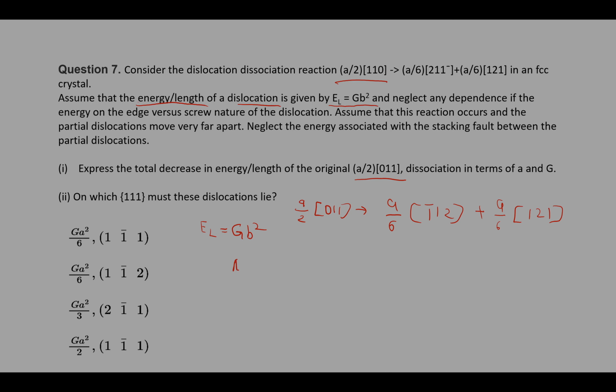It means G we have to consider as common, and we just have to take the decrease. You know the formula, G times b final minus b initial, so we'll keep these values as b1, b2, and b3.